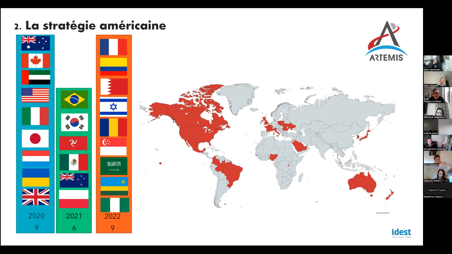So there was a political debate in France between the present government and the extreme left party, which is against the Artemis Accords. Nevertheless, the president decided that France has to sign in order to support its industries and give French industry the possibility to participate in the Artemis program of NASA.